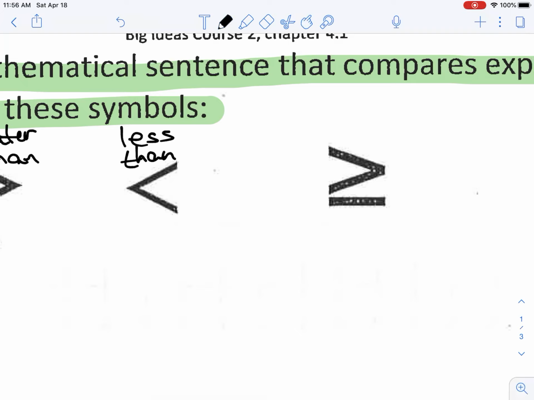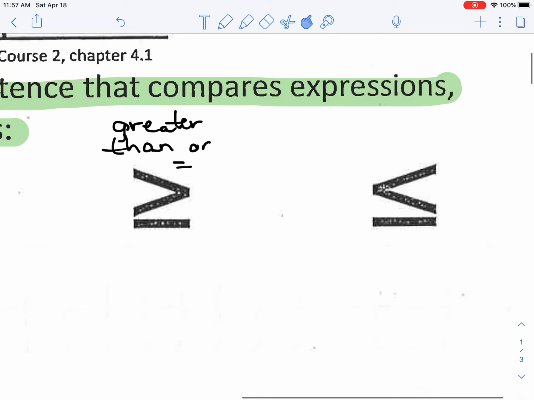This one is greater than or equal to. We'll talk a little bit about that and look at some examples of what that means, how a number could be greater than or equal to something. And then the last one is another combination. The first one is less than, and then underneath it you've got a single bar.